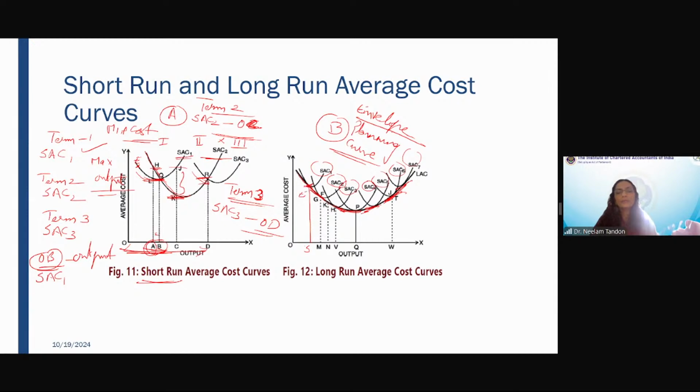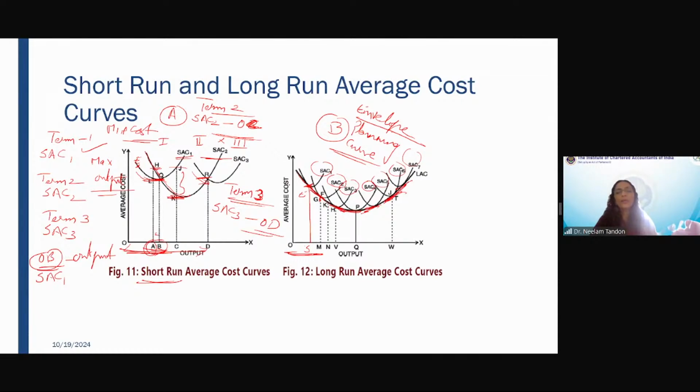Now, if you go here, then the firm will be producing at which point? The firm will be producing at F for SAC2 and output will be OM. Then the firm goes for producing at H, where H is the minimum point of SAC3.